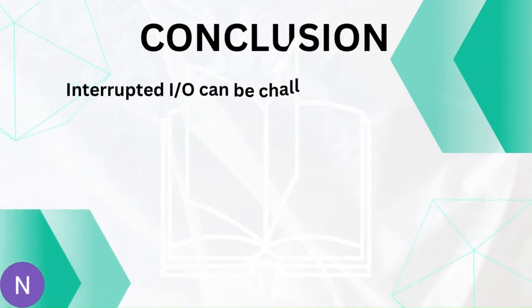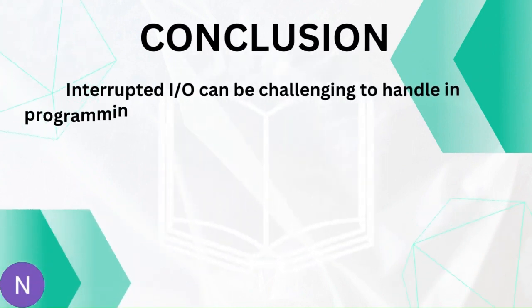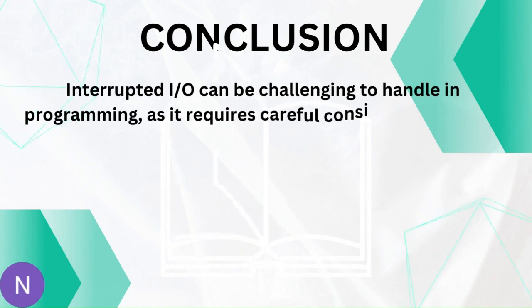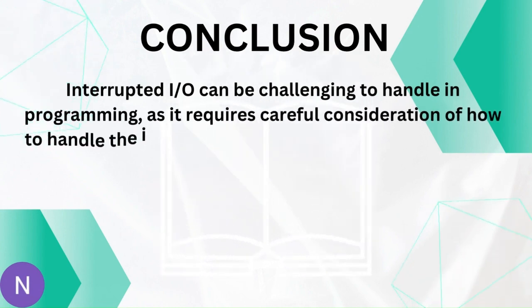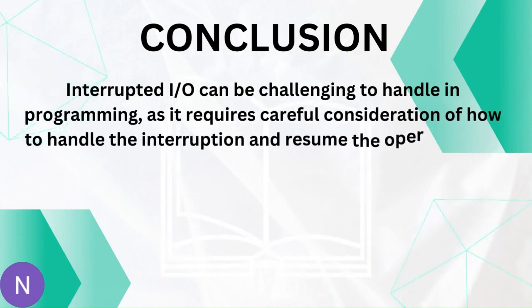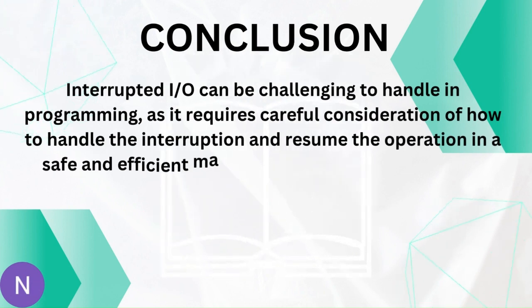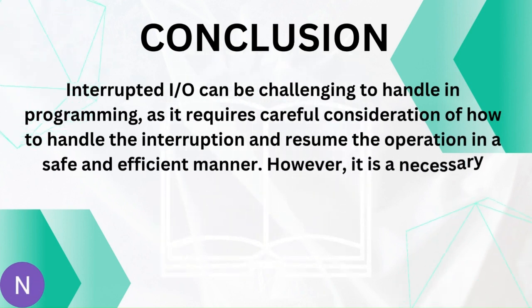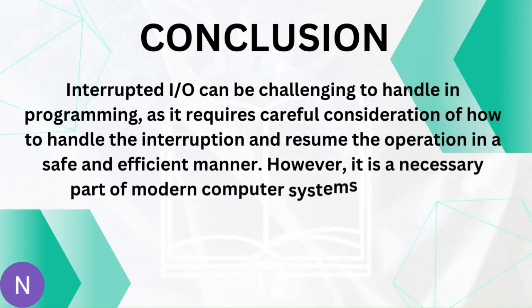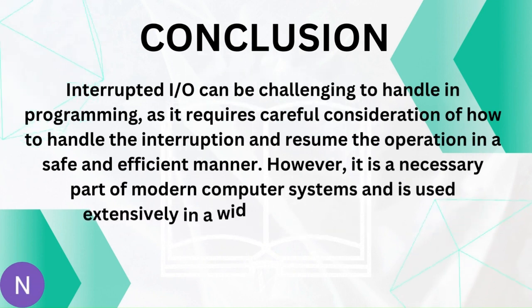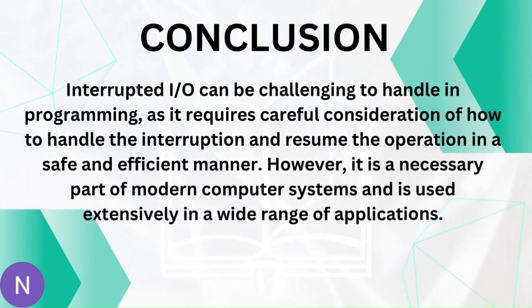Interrupted input-output can be challenging to handle in programming as it requires careful consideration of how to handle the interruption and resume the operation in a safe and efficient manner. However, it is a necessary part of modern computer systems and is used extensively in a wide range of applications.